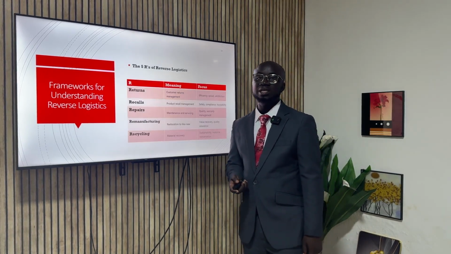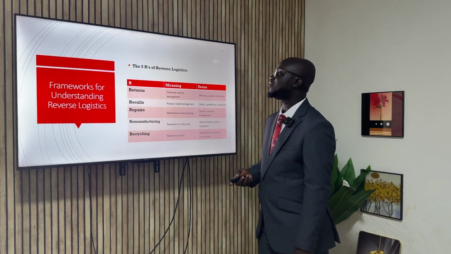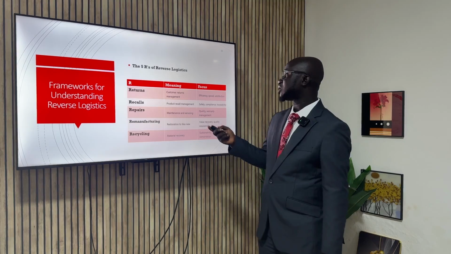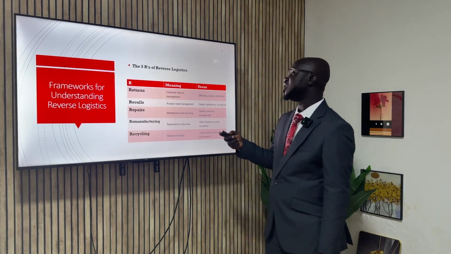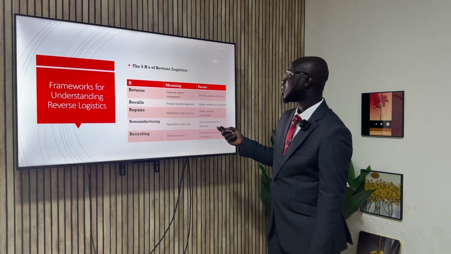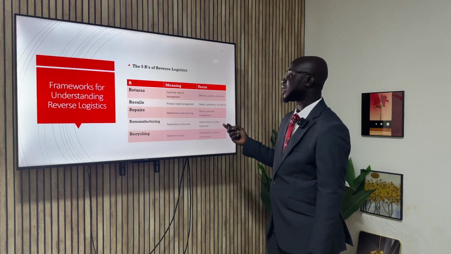Now let's look at several frameworks, which we can refer to as the 5 R's of reverse logistics. Returns means when the customer returns an item, and we are saying that we should focus on efficiency, speed, and satisfaction.